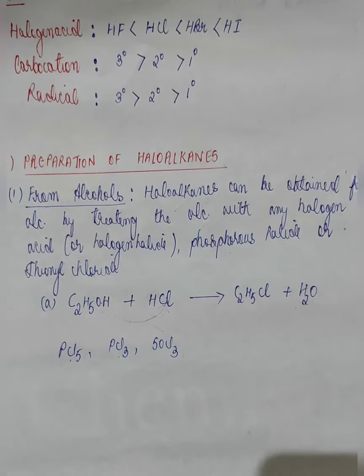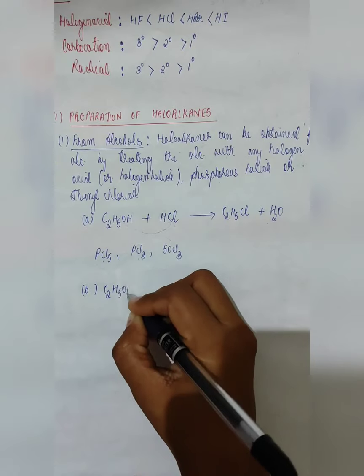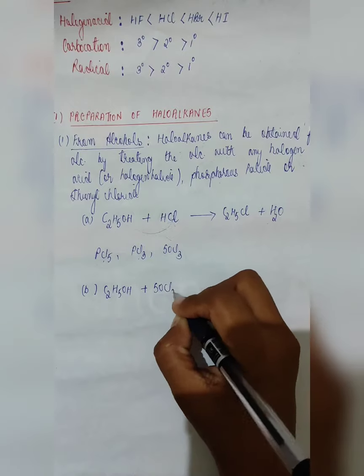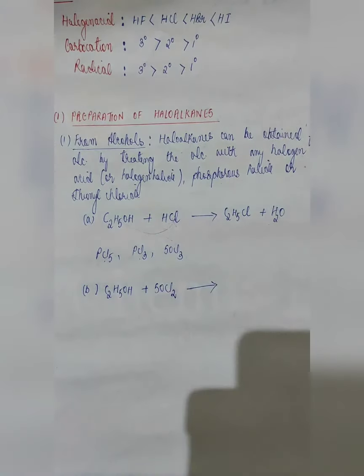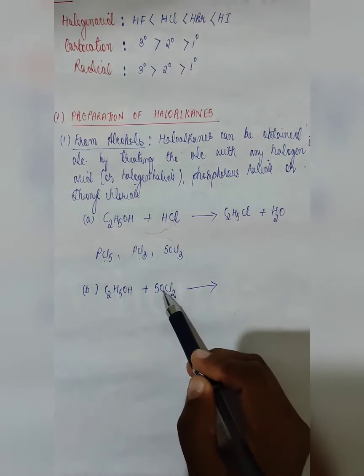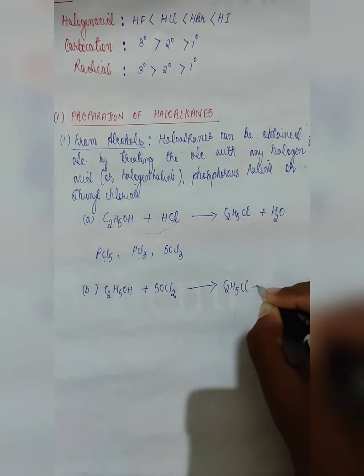Now let us see how haloalkane can be prepared when alcohol reacts with SOCl2. When alcohol C2H5OH reacts with thionyl chloride, SOCl2, the OH group will be replaced by the halogen group, giving C2H5Cl.